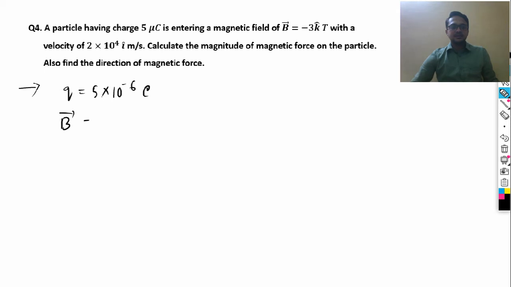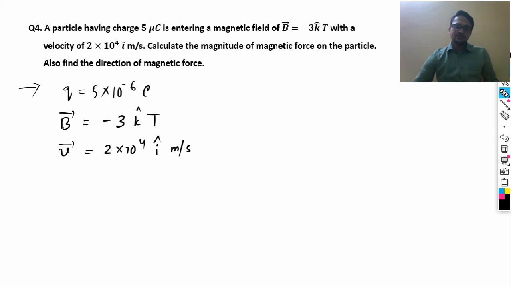Magnetic field is given in vector form, minus 3 k cap Tesla, with a velocity, also given in vector form, 2 × 10⁴ i cap meter per second. Calculate the magnitude of the magnetic force and also the direction.